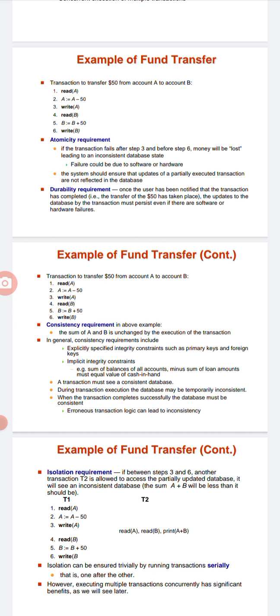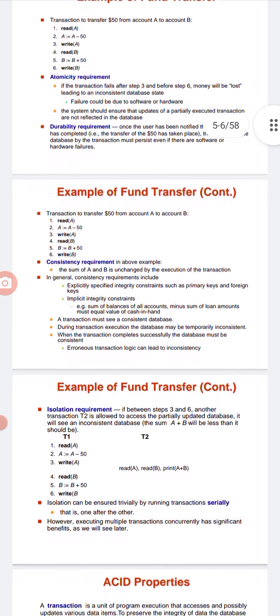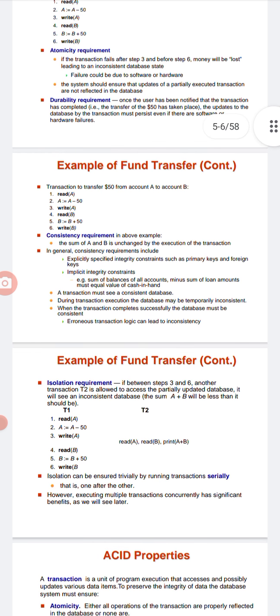As we know, consistency is required. We got the final result, we want the final value. The transaction must see a consistent database. During transaction execution, the database may be temporarily inconsistent. When the transaction completes successfully, the database must be consistent. Transaction logic can lead to inconsistency.